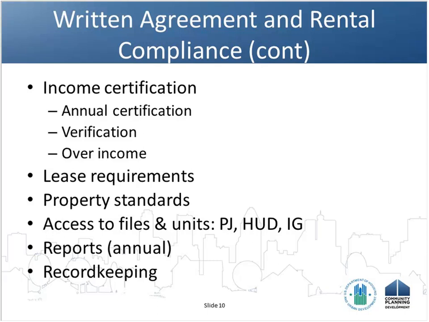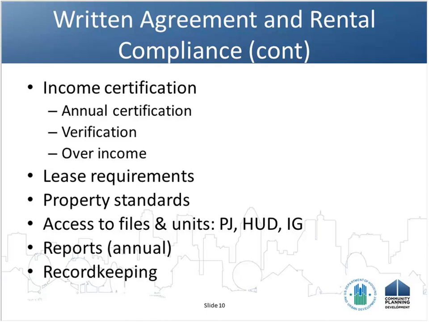We also have to think at this point about the files, having access to those files, and having access to be able to inspect units. As part of the ongoing compliance, the PJ needs to be able to monitor the project, but HUD and the HUD Inspector General may also need or want to access both files and units.